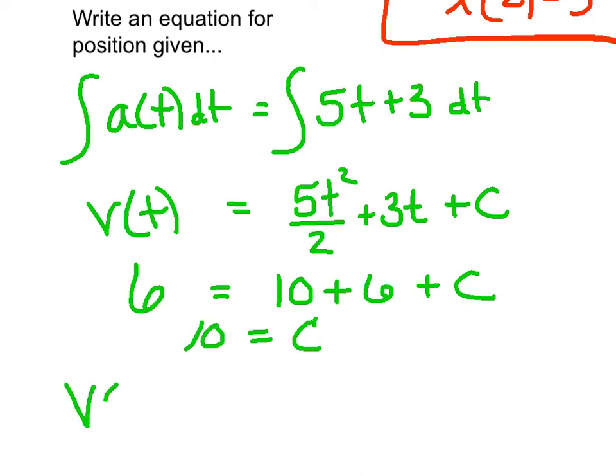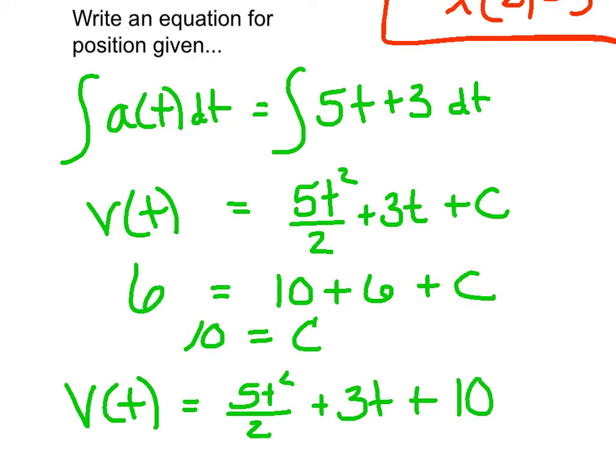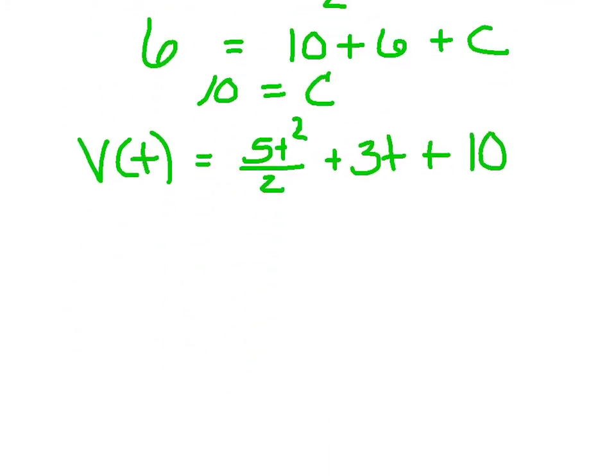So I'm going to rewrite my velocity equation now. It's 5t squared over 2 plus 3t plus 10. Now again, that's only halfway home. My goal is to get position, so I now simply need to integrate velocity to get position.